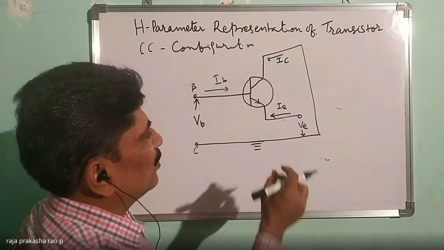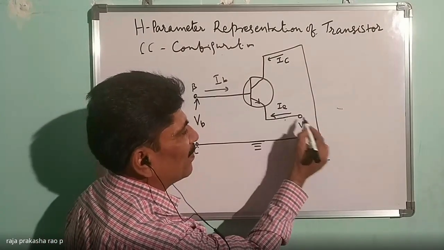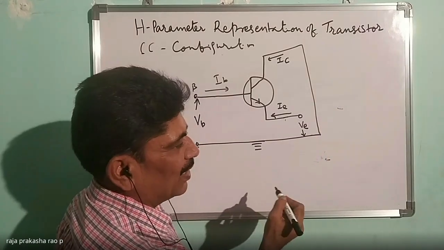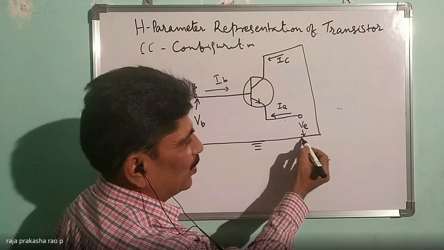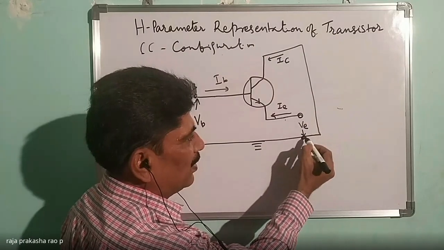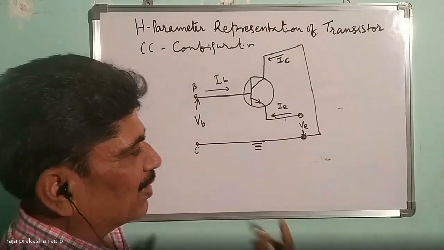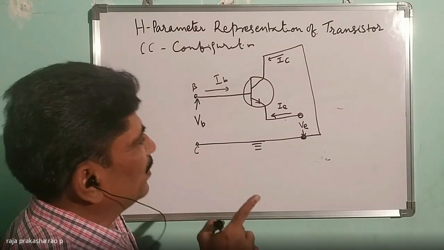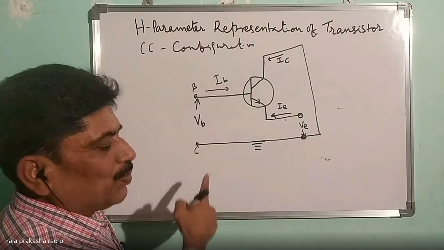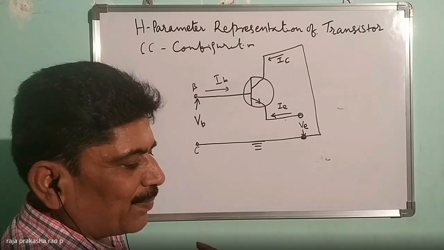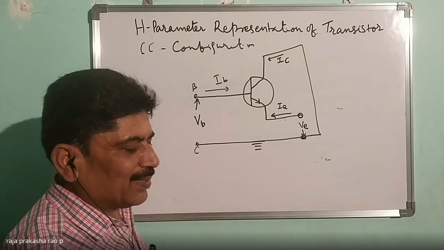So the output voltage is VE. Right? This is the output port. In any textbook, you can find the same diagram. So what are the input voltage and input current? Tell me quickly.